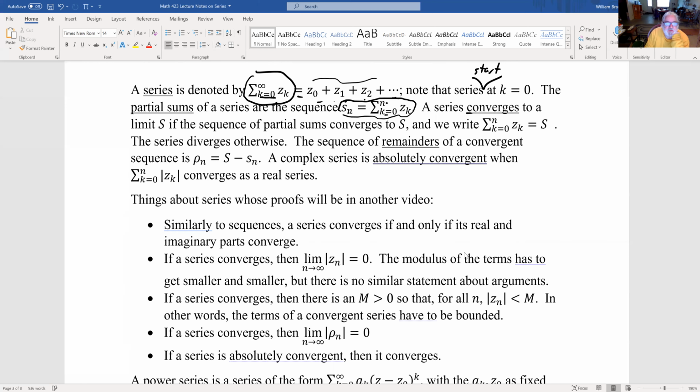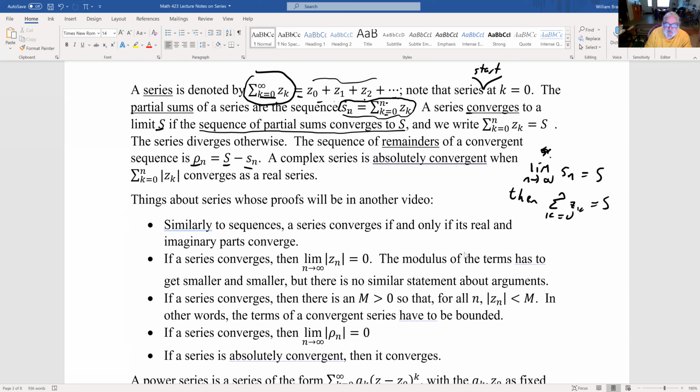Now a series converges to a limit capital S if the sequence of partial sums converges to S. So if the limit as n goes to infinity of the partial sums equals something, then we say that the series is equal to whatever the partial sums add up to. The remainders, if you have a convergent sequence, you can define the remainders to be the sum minus the partial sums, so that gives you the remainders.